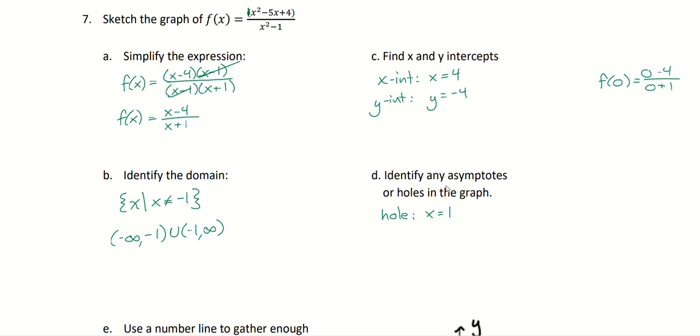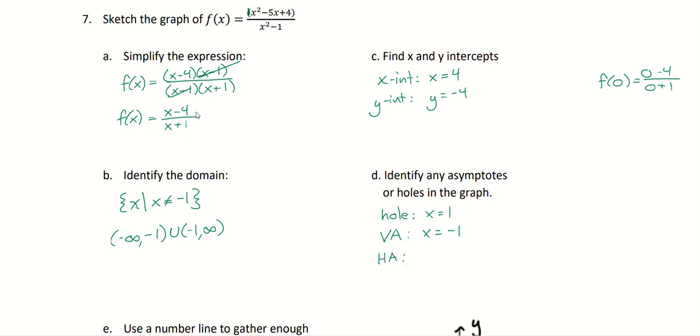Okay, part D, we've already got part of it done. We have the hole knocked out on this graph. It occurs when x is here. The vertical asymptotes. Turns out this is the same question as the domain. I know that x cannot be negative 1 because that's what makes my denominator of my simplified form 0. The horizontal asymptotes.